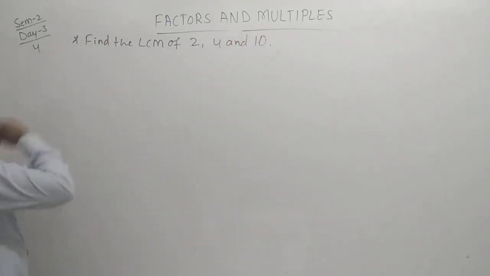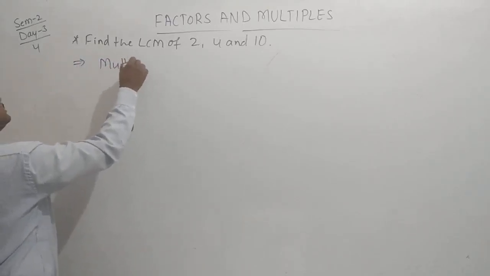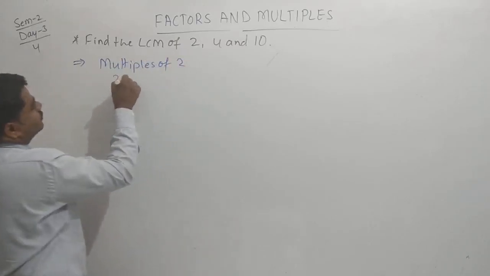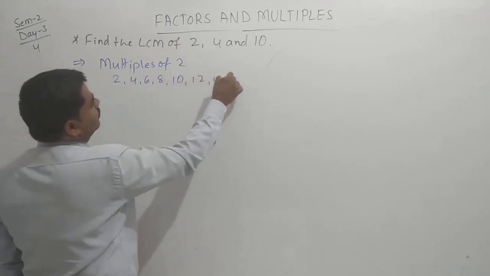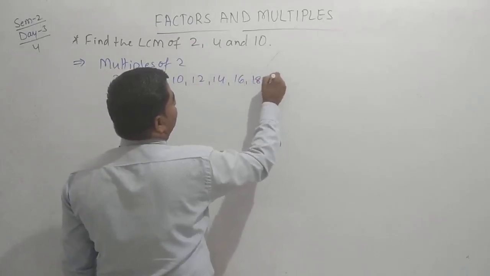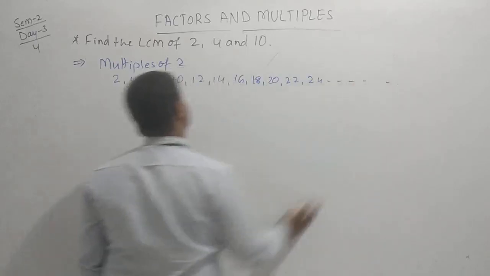Very simple. First step, multiples of all the numbers. What are the multiples of 2? 2, 4, 6, 8, 10, 12, 14, 16, 18, 20, 22, 24 and so on.